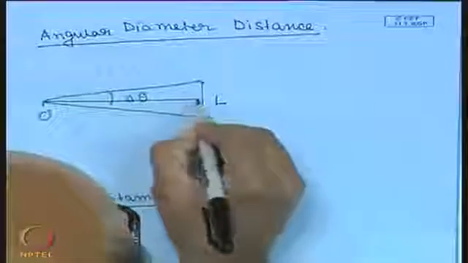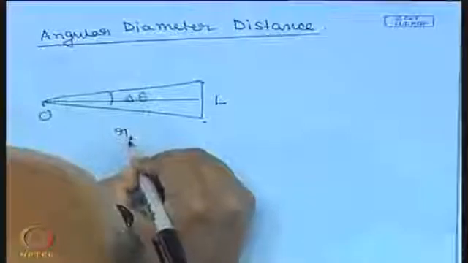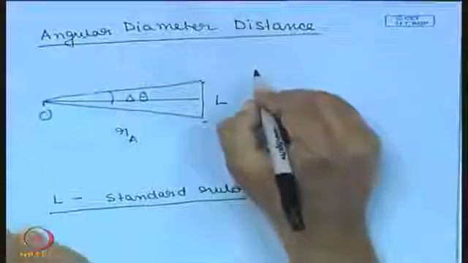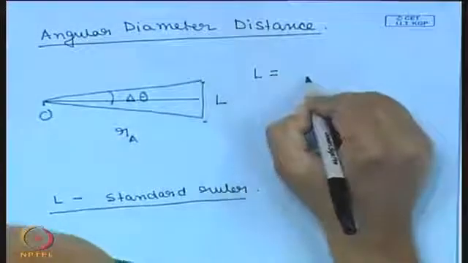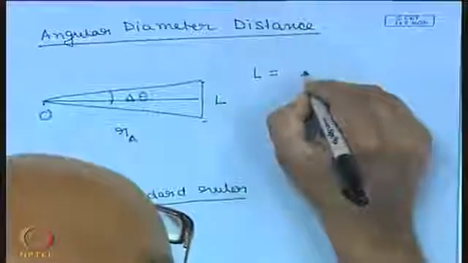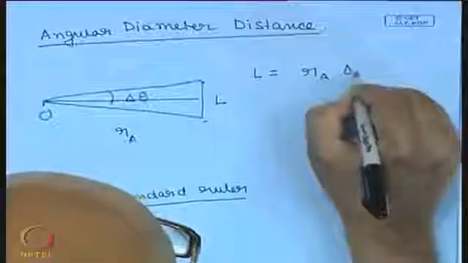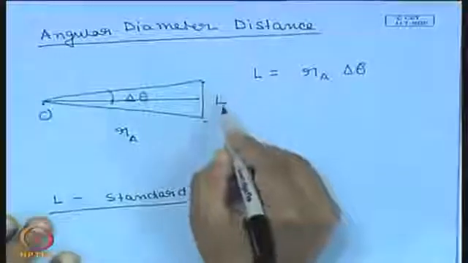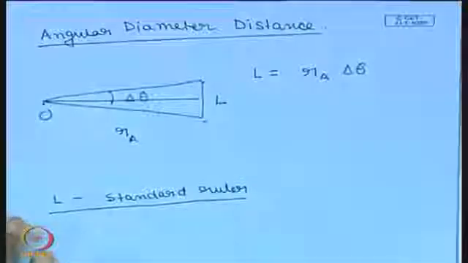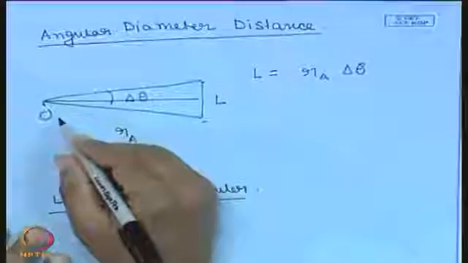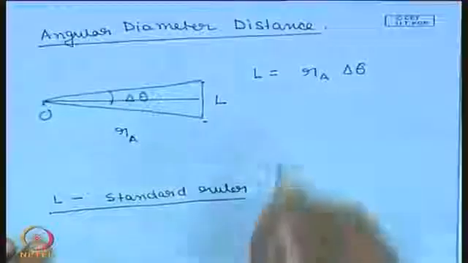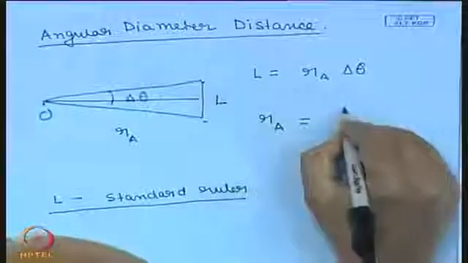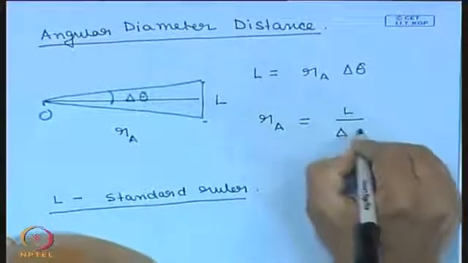So the length L will be Ra, the angular diameter distance, into delta theta. So if you know the proper size of the galaxy, and you can measure from Earth the angle it subtends on the sky, you can then determine the angular diameter distance to that object, L by delta theta.